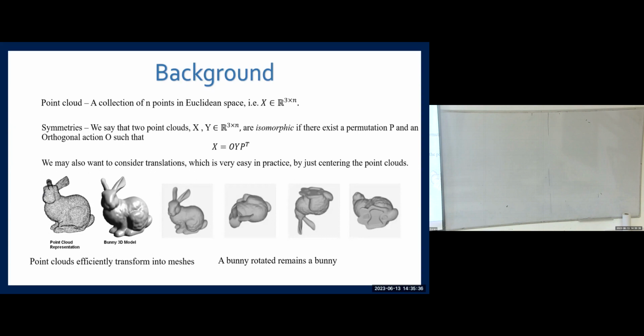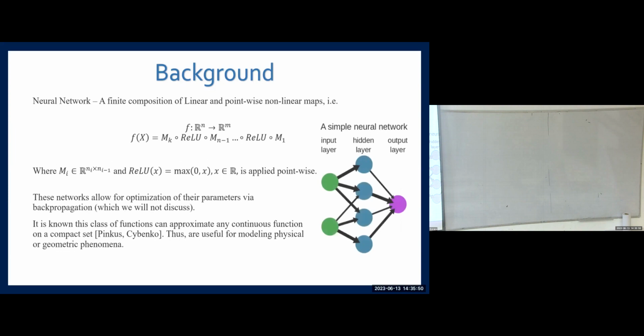Also, we might want to consider translation as well, but this is pretty simple. We can just center the point cloud by moving it to its average position, and then we just take care of it. Very good.